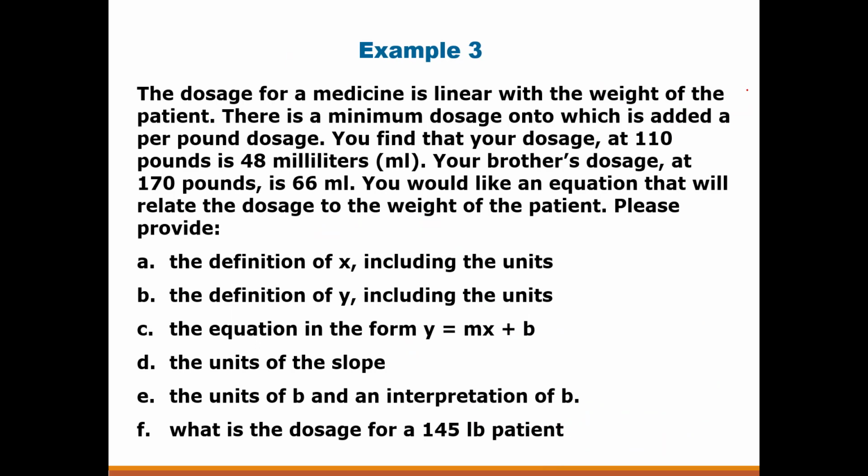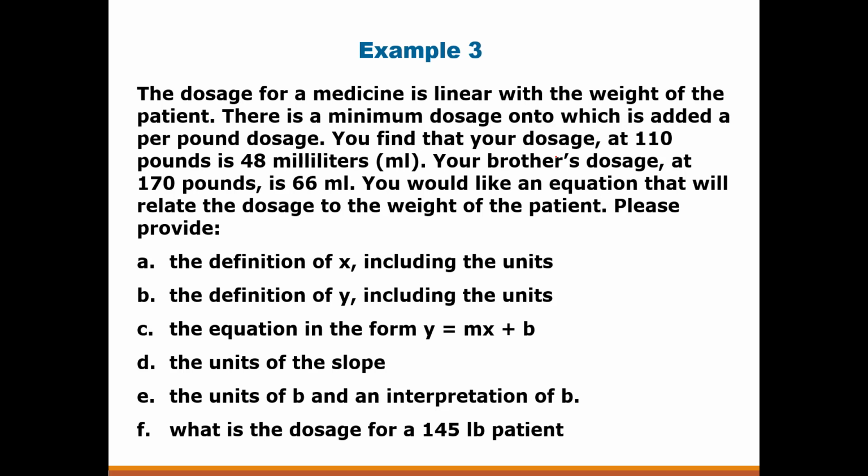Now let's look at example 3, this dosage problem. The dosage for medicine is linear with the weight of the patient. That's the minimum dosage to which is added a per-pound dosage. So you find that your dosage at a 110-pound patient is 48 milliliters. The dosage at 170 pounds is 66 milliliters.